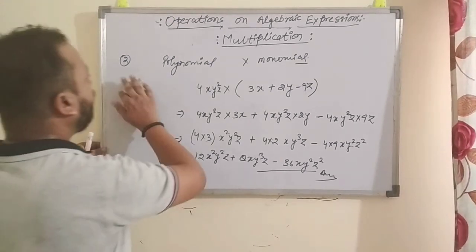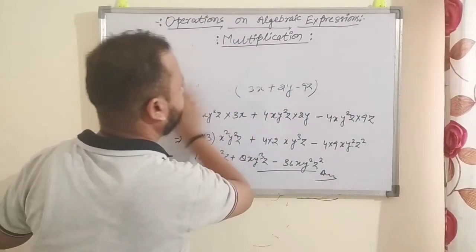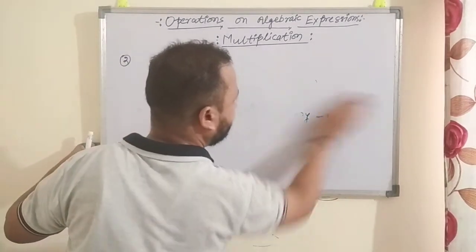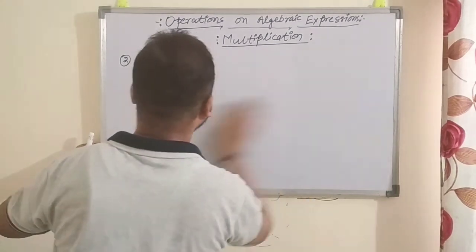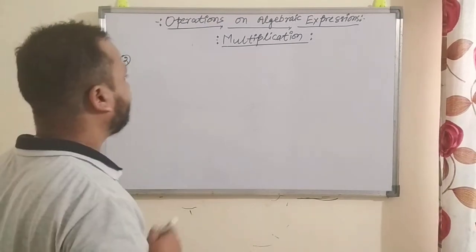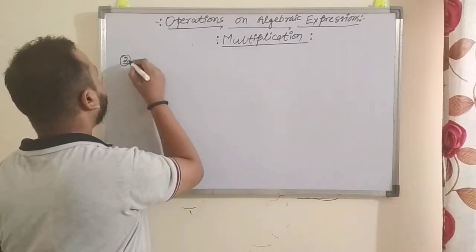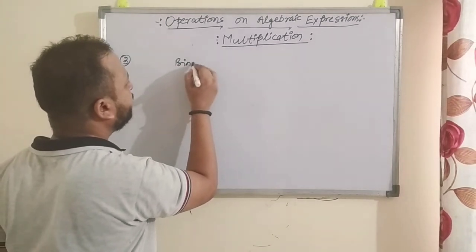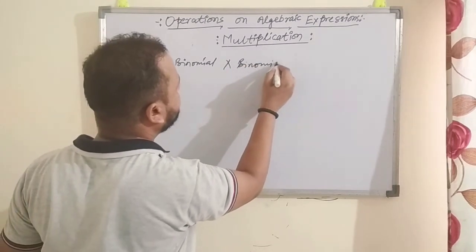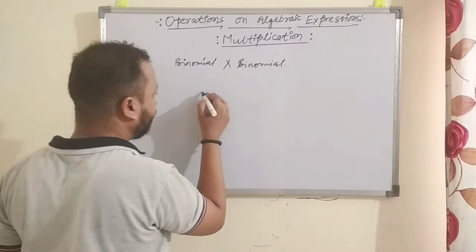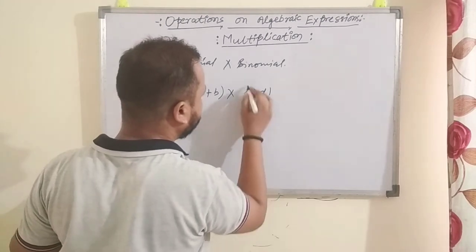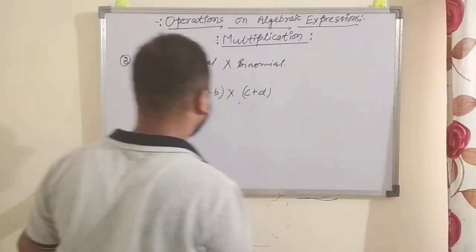When a binomial is being multiplied with a binomial, you will follow the distributive law twice, right? This is the third part. So suppose one binomial is a plus b and this is being multiplied with c plus d, right?